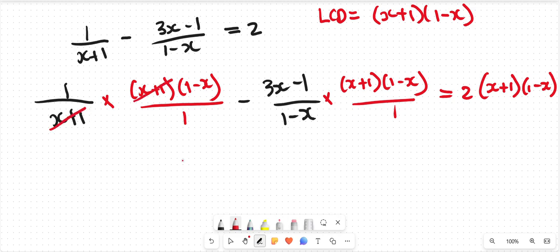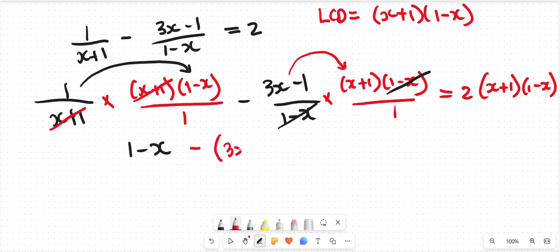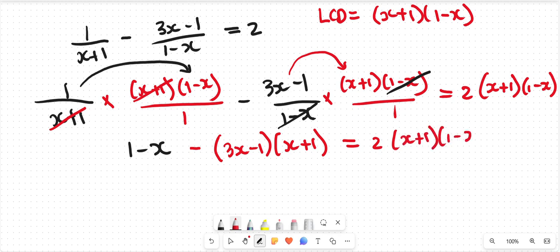So these would cancel, leaving me with just the one that is times in that guy, which is just going to be that bracket there. These would cancel, leaving me with just this bracket times in that bracket. I'm going to leave the negative 3x minus 1 with the x plus 1, all equal to the 2, which needs to multiply those brackets as well.